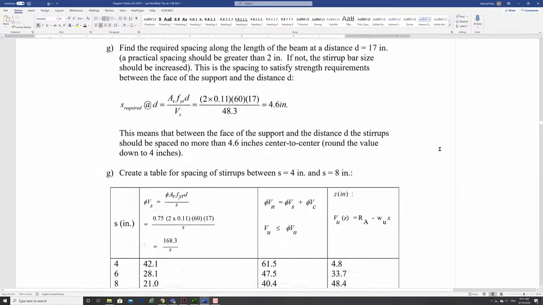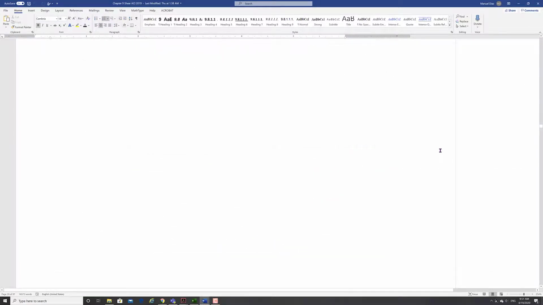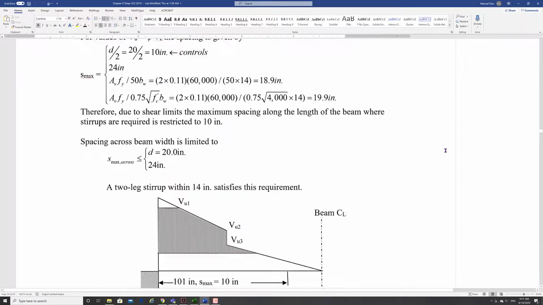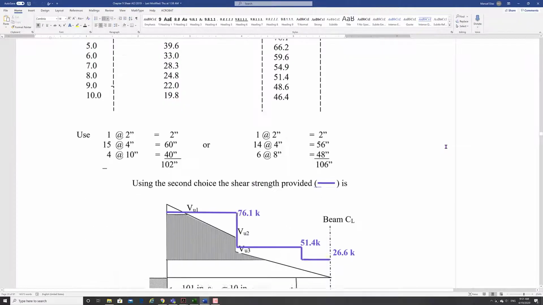Okay, let me see, what is it? So we have done several of these already. So they're all very similar.